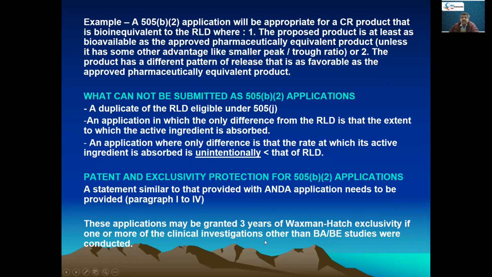There is a provision of Hatch-Waxman exclusivity for new chemical entities and other types of products, which is also known by the name of data exclusivity. There is one type of exclusivity, which is the marketing exclusivity, which is obtained by filing of the patent.